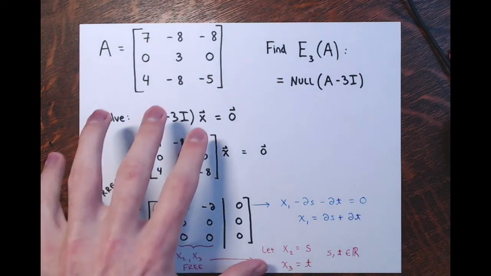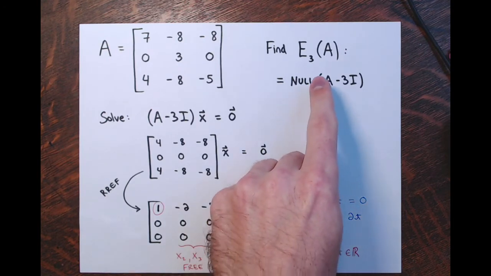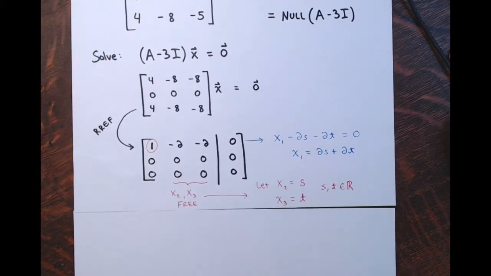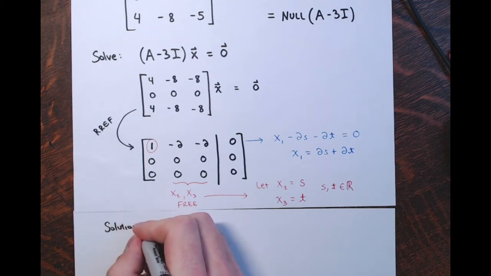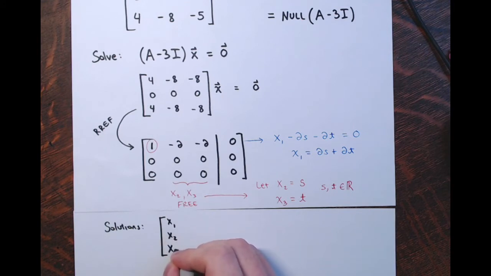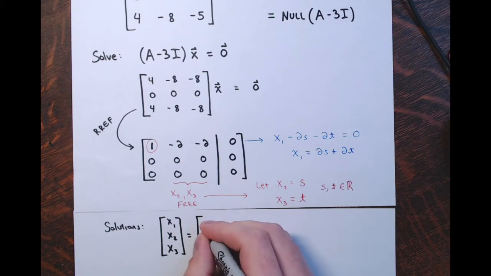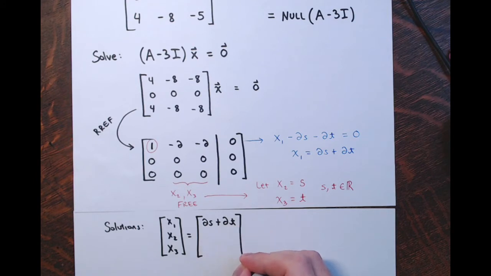Alright, then the solutions to this equation, right? The vectors in this null space, also the vectors in this eigenspace, same thing, look like the following. So again, my solutions here, x1, x2, x3 look like the following, right? x1 we said would be 2 times my choice of s plus 2 times my choice of t. x2 would be whatever I choose for s, x3 would be whatever I choose for t.